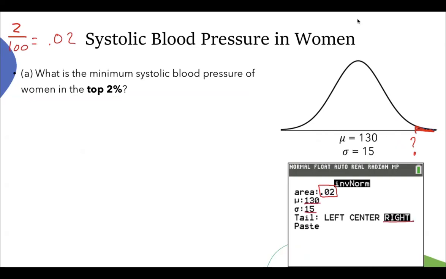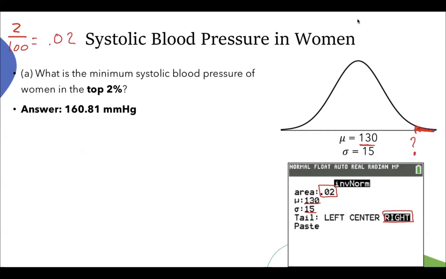I'm shading to the right because it says the top 2%, and I'm going to get an answer: 160.81. Very high.